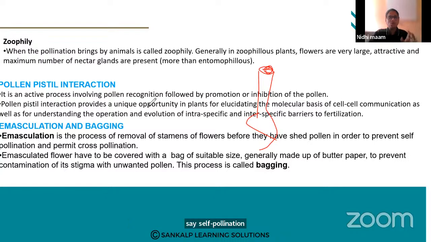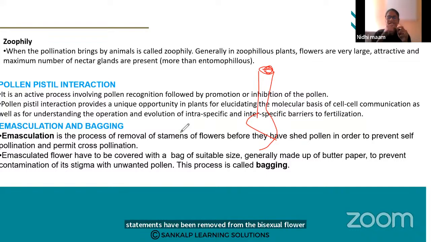So to avoid self-pollination, we adopt emasculation. Emasculation is the process of removal of stamens of a flower before they have shed pollen, in order to avoid self-pollination and permit cross-pollination. So to avoid self-pollination, the stamens are removed from the bisexual flower.